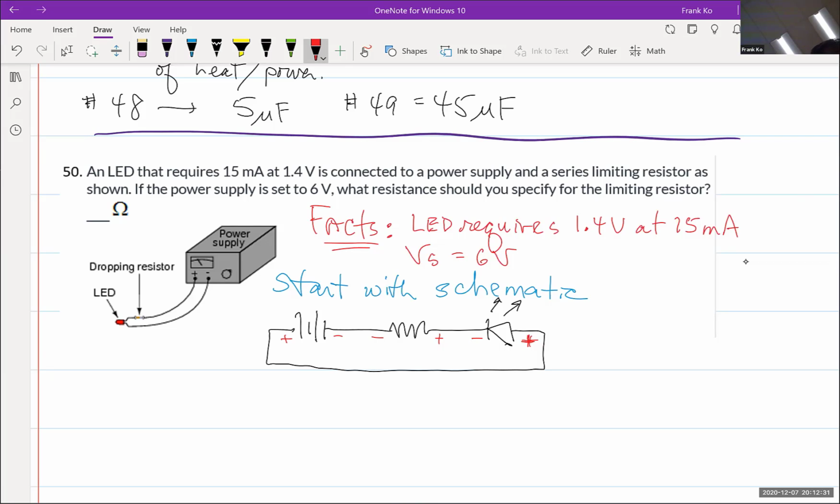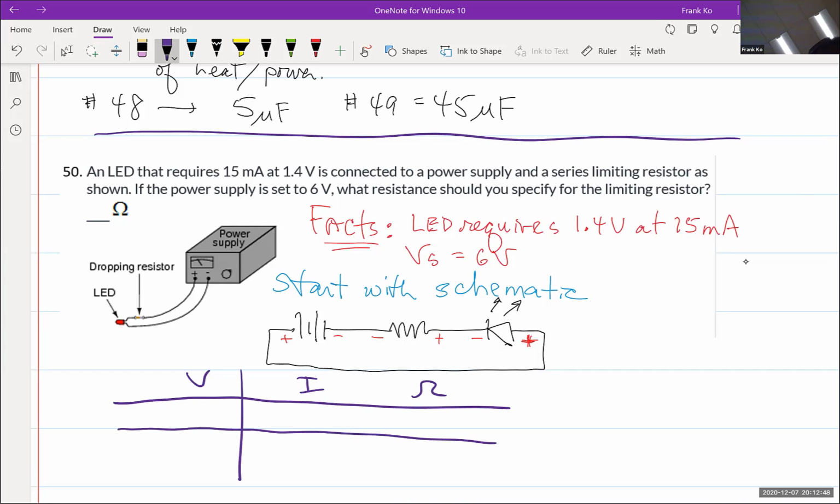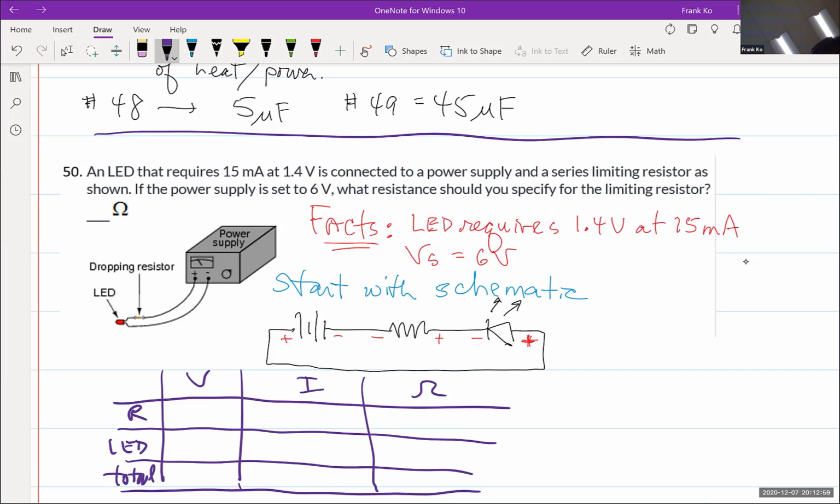And what else would be helpful in this particular exercise? Maybe it wouldn't hurt if we set up a simple V I omega for a couple of things here. Let's see how this works for us. So you happen to have a resistor, you happen to have an LED, you happen to have totals. And so if the LED, we're not concerned about this particular value.